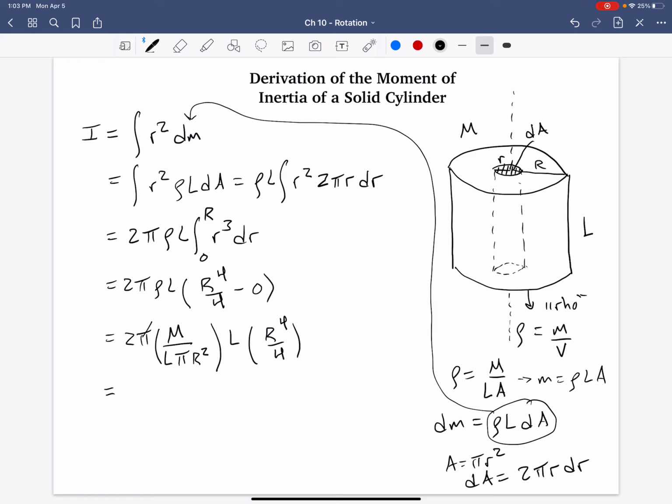So pi goes away, the L goes away, 2 factors of R go away, and the 2 cancels out the 4, giving us 2. So we have m R squared all over 2, and that should match the expression in your moment of inertia table: 1/2 m R squared. This is the moment of inertia expression for a solid cylinder rotating about the central axis. Okay, that's it. Thanks for watching.